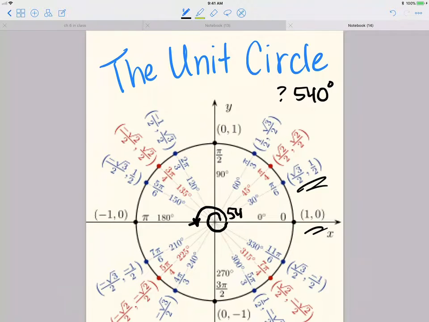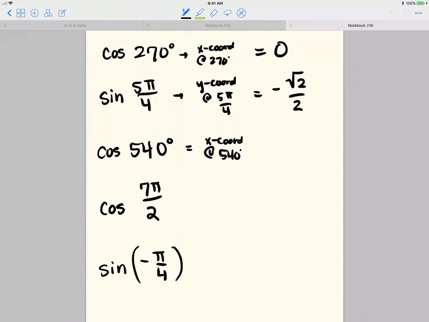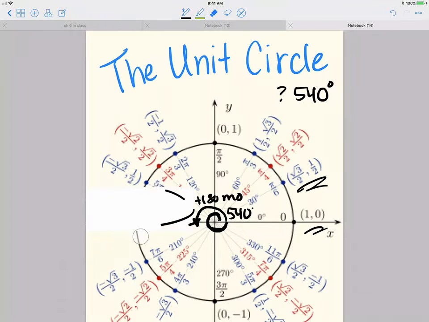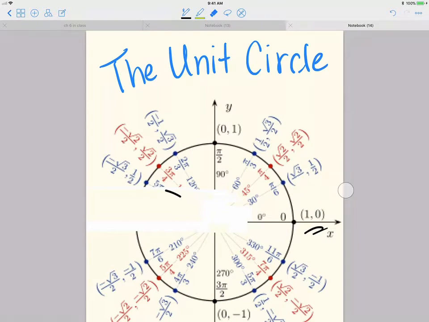It would be one full revolution, or one full 360 degrees, and then plus 180 more, and that would put you back at pi and 180 degrees. So for the cosine of 540, the 540 degrees has a -1, 0 point, and we just need the x-coordinate for -1.